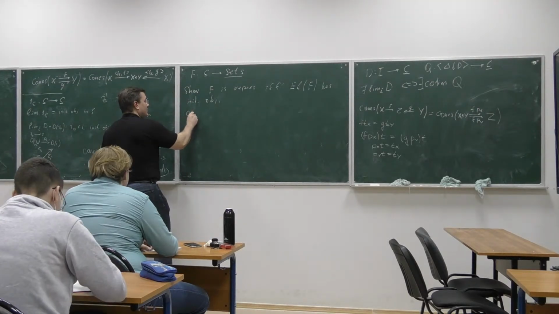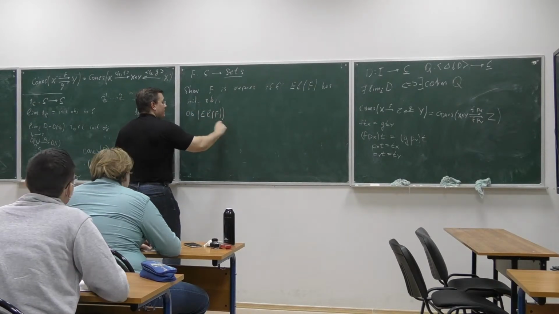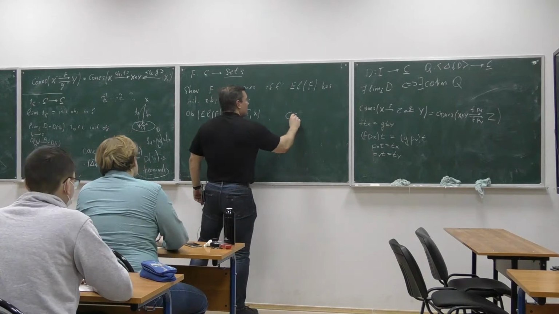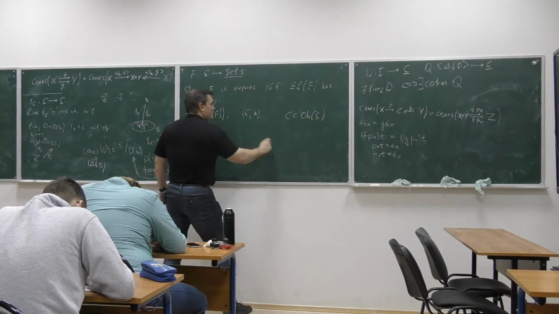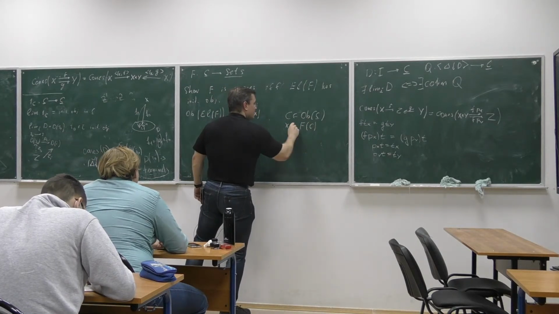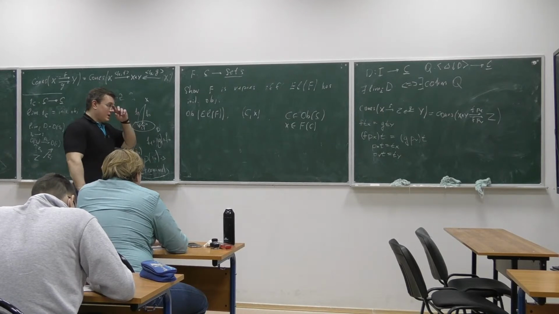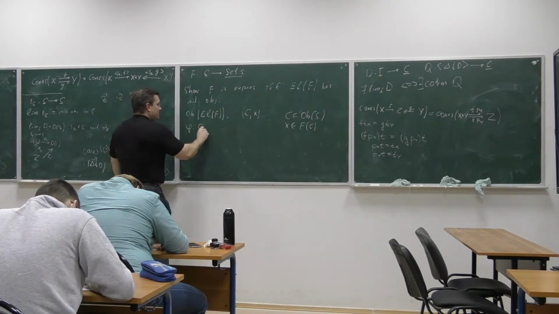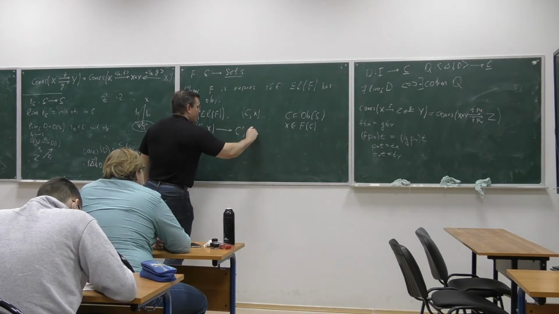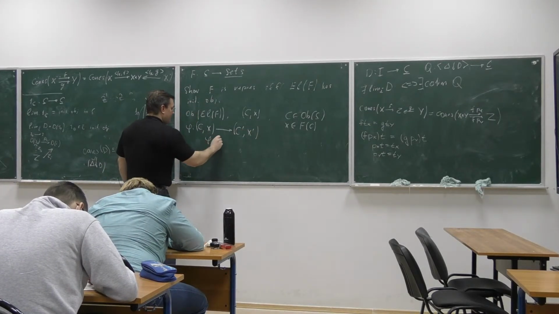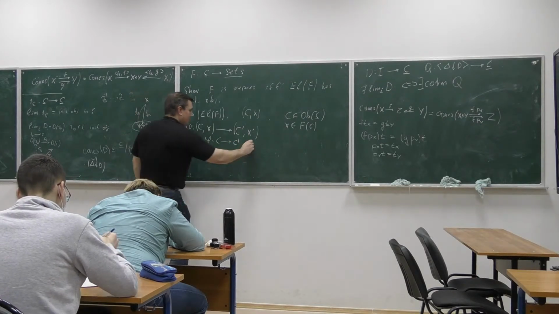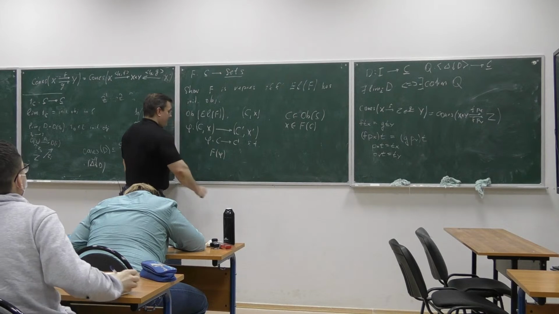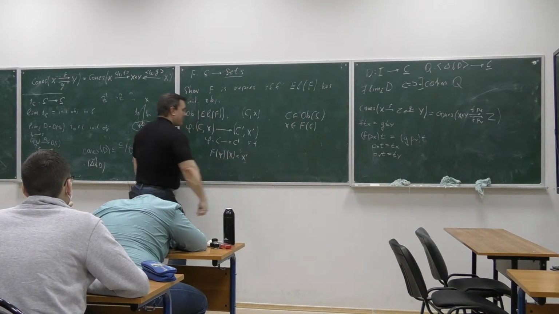So objects in the category of elements of F are pairs C and x, where C is an object in the category C, and x is just a point in the set which I obtained by computing F on C. And if I want to say what's a map, say phi, between (C, x) and (C', x'), well, this is a map in the category C such that if I apply functor F to this map phi and compute this on the point x, I'll get x'.